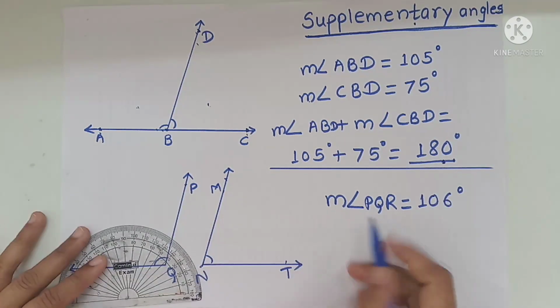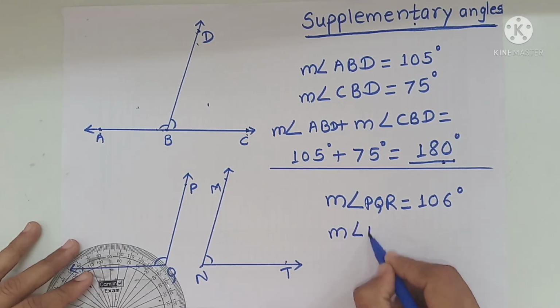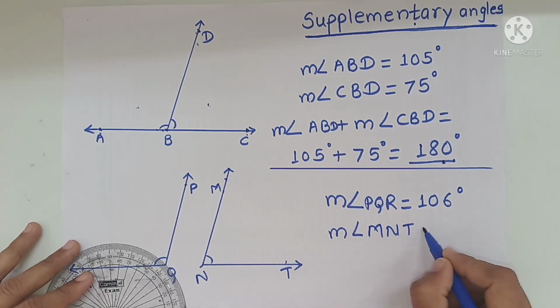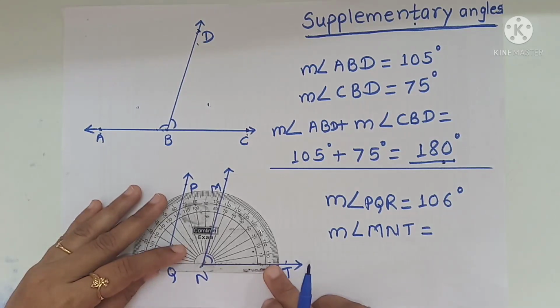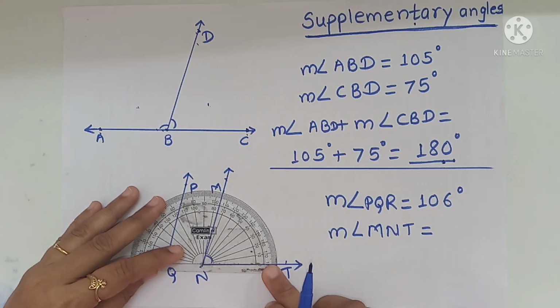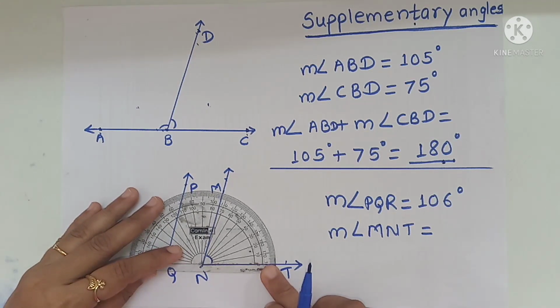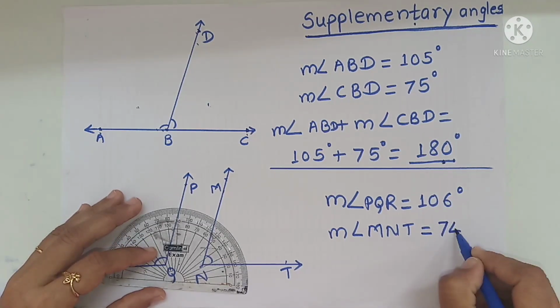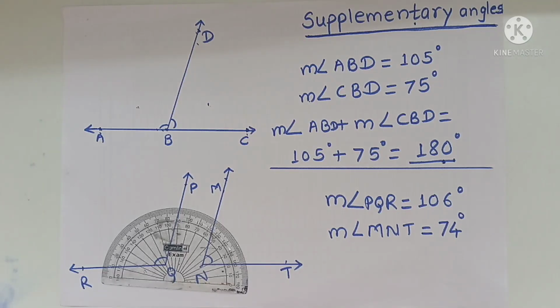Then measurement of angle MNT, that is 74 degree.